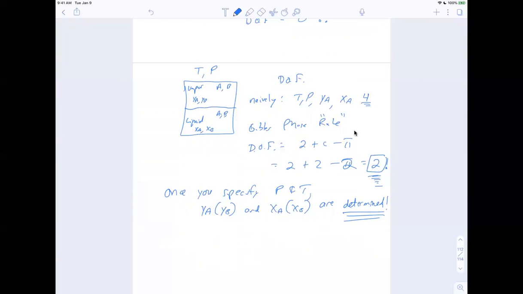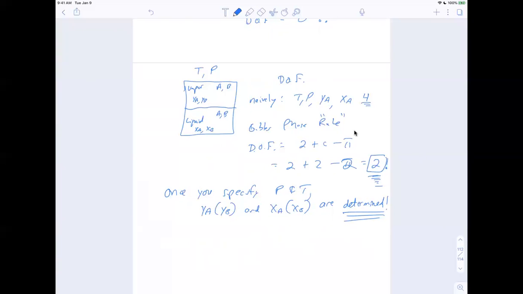Both of the species are volatile so that you have A and B both in liquid and vapor. But what this means is that if you're careful enough to conduct your experiment or your synthesis at a particular temperature and pressure, which most likely you would be controlling very carefully, the compositions of those 2 phases are determined for you. You have no choice. And that's pretty remarkable if you think about it.